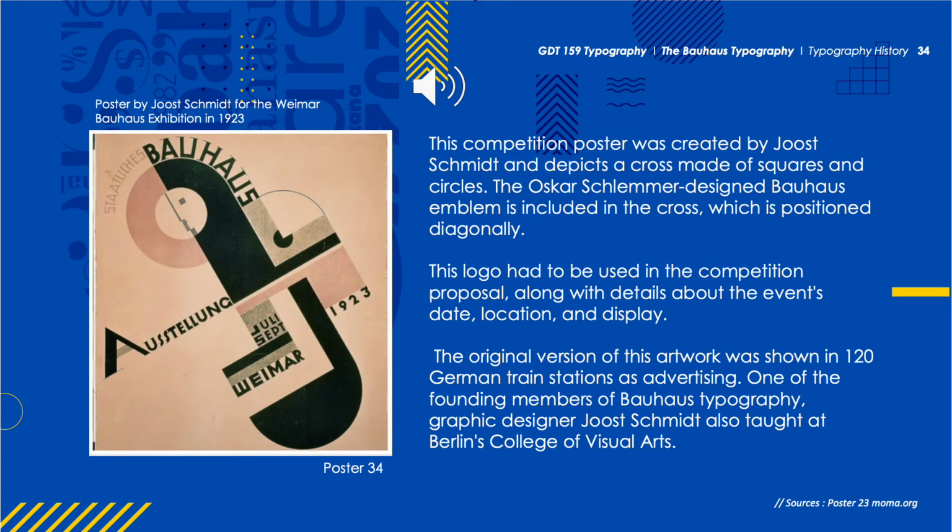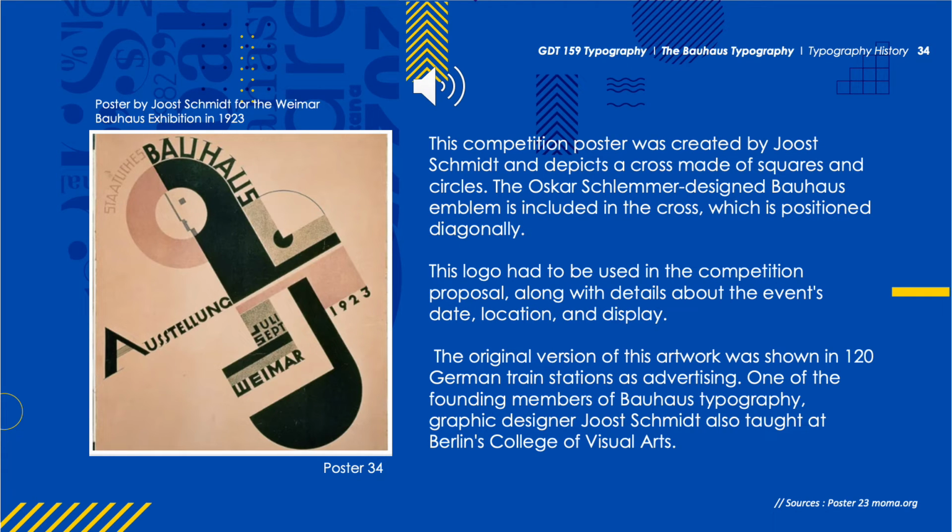This competition poster was created by John Smith and depicts a cross made of square and circle. The Oscar Schirmer design Bauhaus emblem is included in the cross, which is positioned diagonally. This logo had to be used in the competition proposal, along with details about the events, date, location, and display.